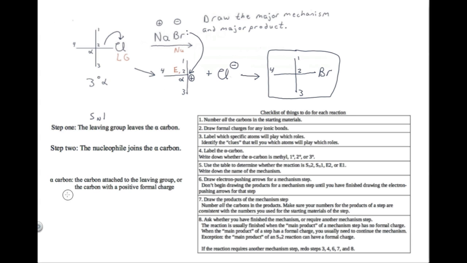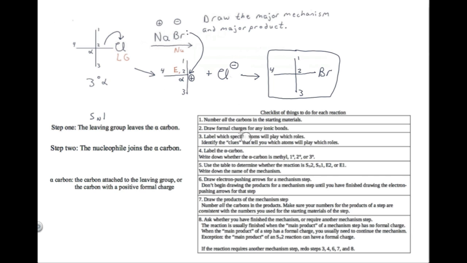We learned that we can refer to the alpha carbon as the carbon that's attached to the leaving group, or in this picture, the carbon with the positive formal charge. That helps us to interpret these steps. And we saw how to use this checklist. We've numbered all the carbons in all the starting materials and products, trying to number all the pictures consistently. We drew formal charges for this ionic bond.